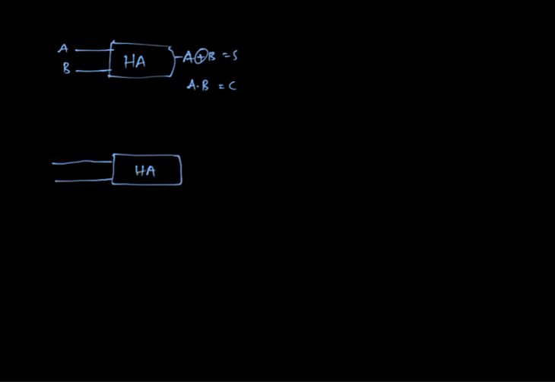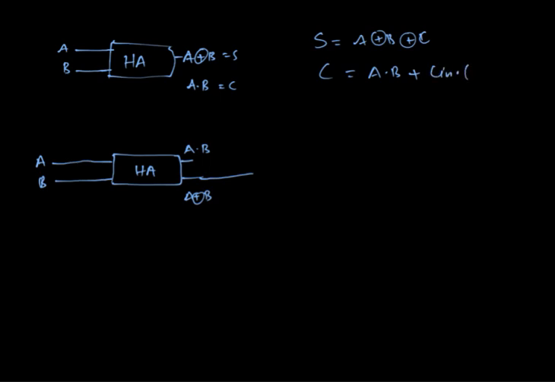Suppose this is a half adder with A and B. We can have A and B as the output, and also we can have A exclusive OR B. Now to get the sum of a full adder, A exclusive OR B exclusive OR C, and carry is given by A and B ORed with C in and A exclusive OR B. So here we can have A and B. So one part of carry is there.